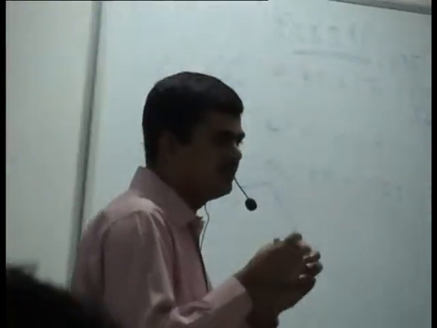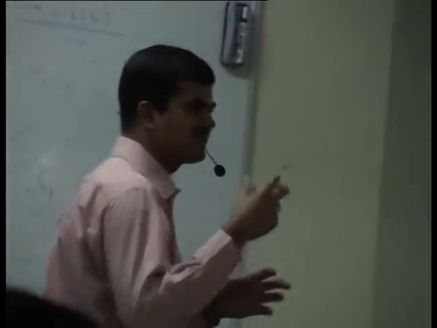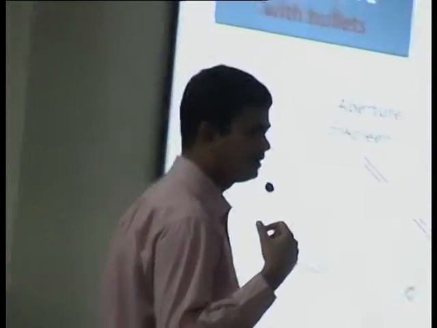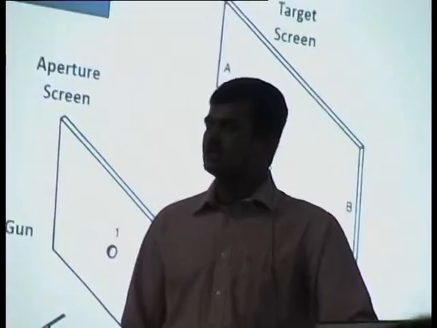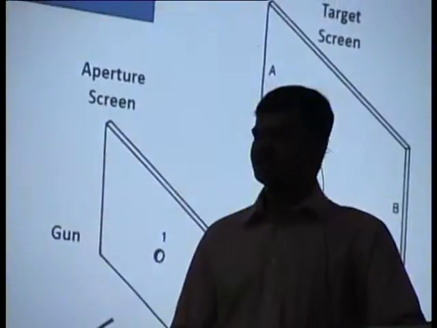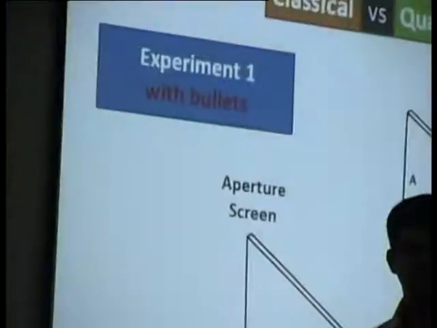As I hold the gun and shoot, some of the bullets will pass through the holes and hit the target screen. The target screen may be a wooden slab which can absorb the bullets that come to it. Are you all familiar with this setup now? Any doubts?